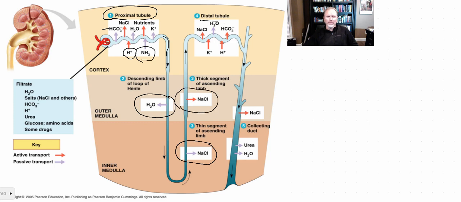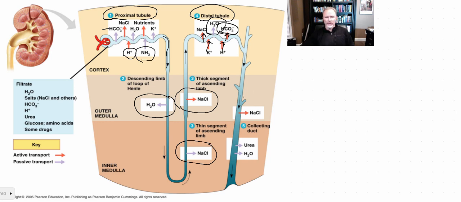When you get to the distal tubule, you're going to be actively pumping salt out, potassium and hydrogen ions in, water out passively, and then actively the bicarbonate out. So again, you can see the bicarbonate and the hydrogen ions and so forth. You can see that the kidneys, just like the lungs, are involved in regulating the pH of the blood system.